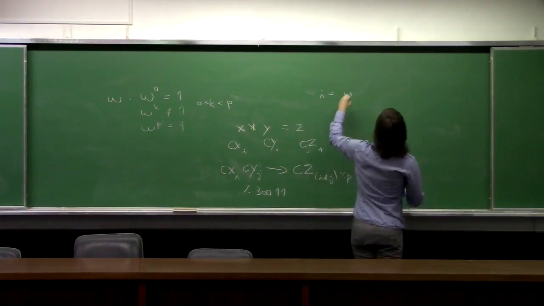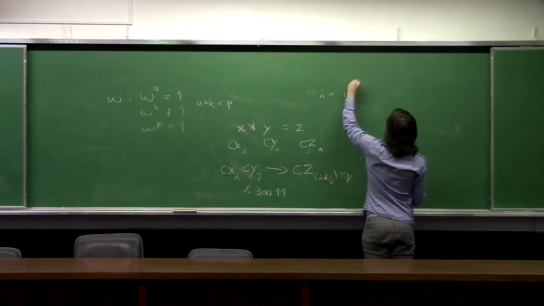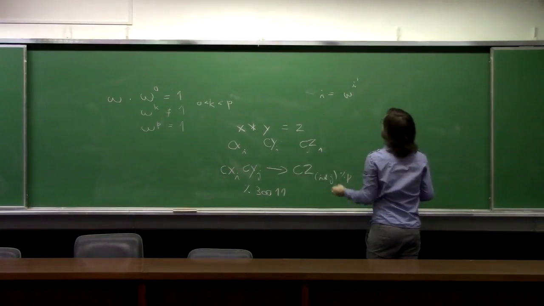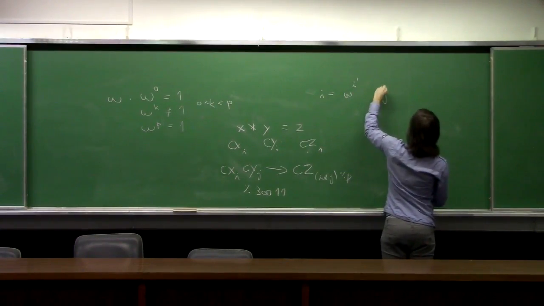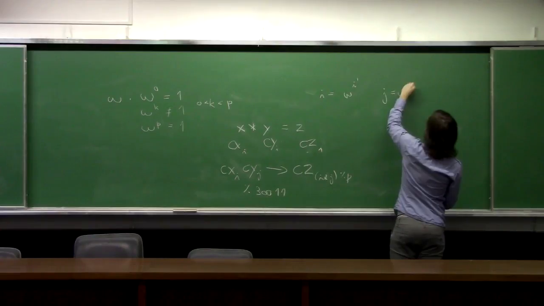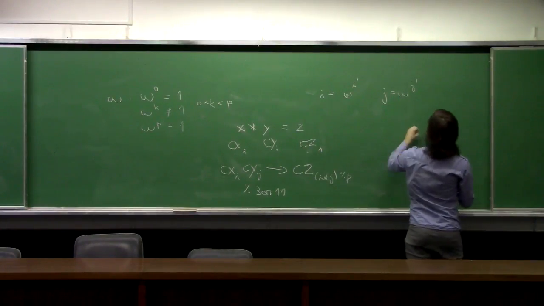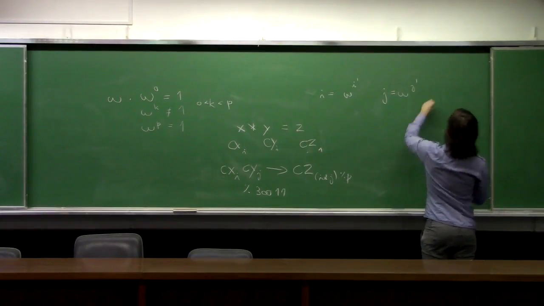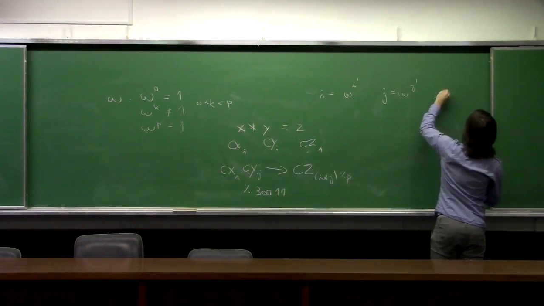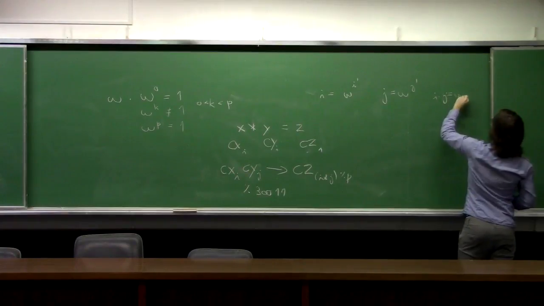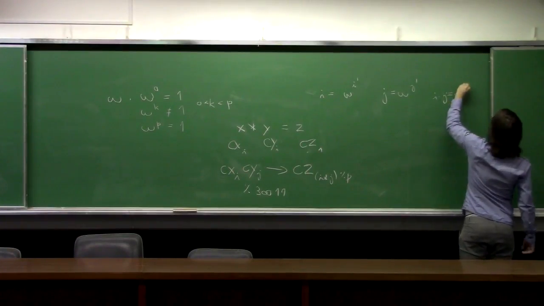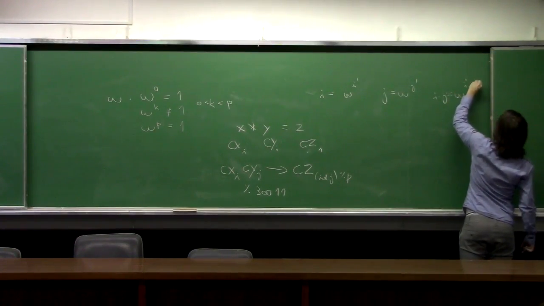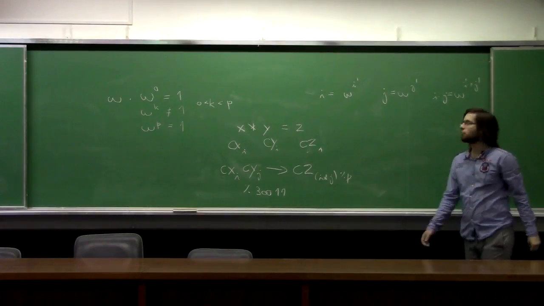So any i can be written as omega to the power of i prime, j as omega to the power of j prime, and then i times j would be omega to the power of i prime plus j prime.